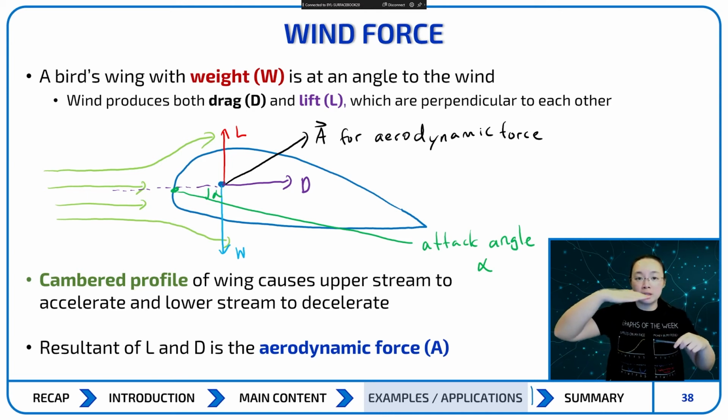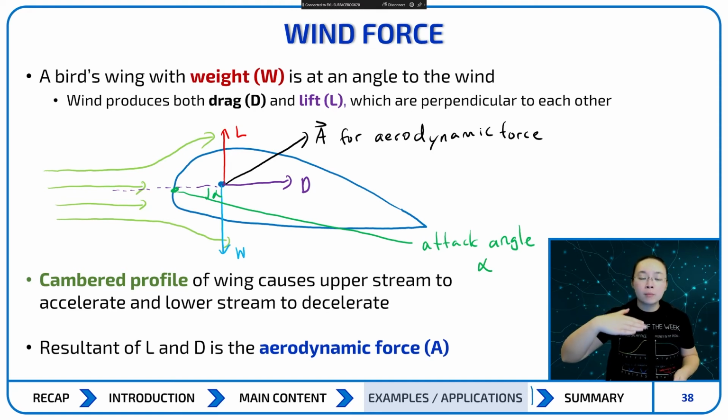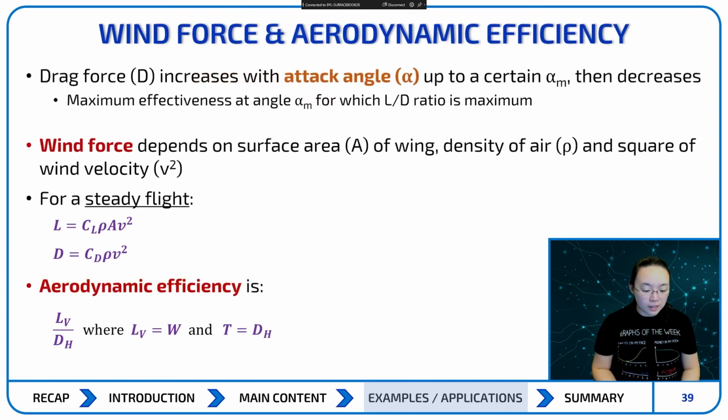If my wing is absolutely flat and the wind is like this, then I essentially have a perfect scenario where the majority of the wind is going to go above and below the wing. But now if my wing is like this and I'm trying to move forward, then there's a much larger angle of attack, and that means you're going to have a much larger drag. So that's what that means.